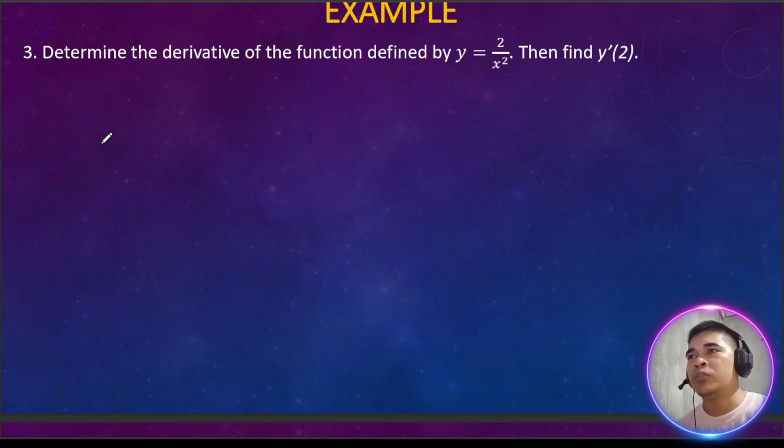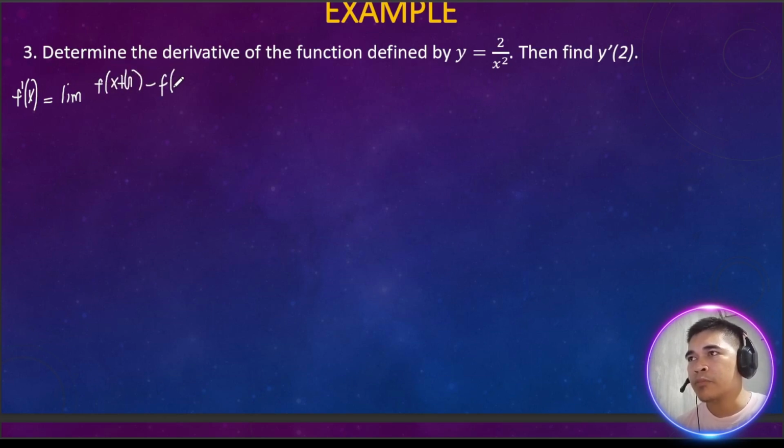So the same, we need to apply the definition in this section. We have f prime of x equals limit of f of x plus h minus f of x over h as h approaches 0.